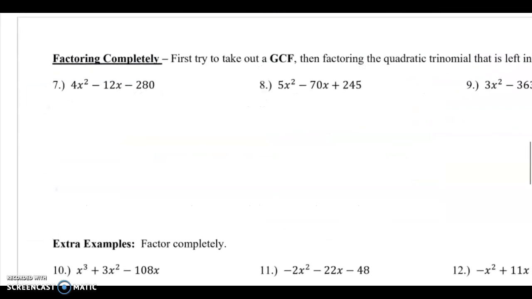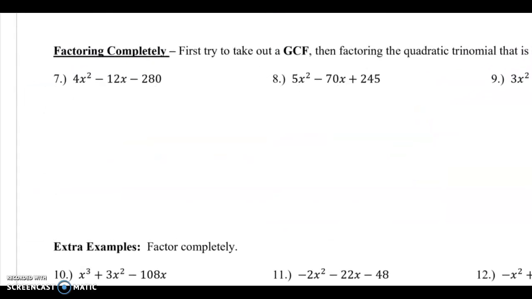So if I'm factoring completely here, I'm going to look at all of these numbers and I know that I can divide them all by 4. So I am going to divide them all by 4, which on the outside leaves me with a 4, then x squared minus 3x minus 70. Make sure we do the add to -3 and multiply to -70. So -70, I'm not going to list out all the factors. I will know it's 7 and 10.